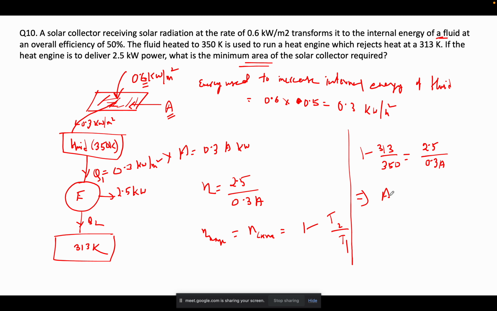If you put all the values, you will get your answer as 83.33 meter square.